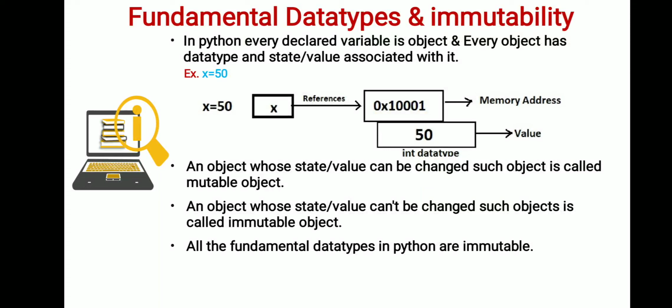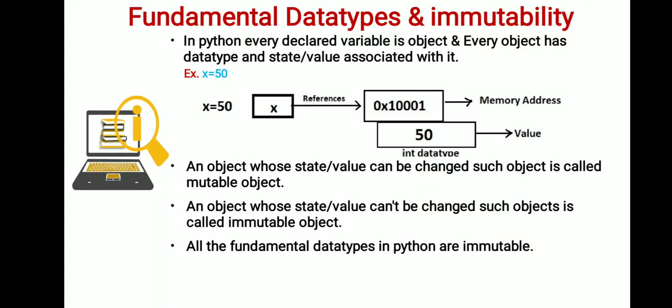So x is referencing the memory address 0x10001, and that address is holding the value 50, which is an integer type of value. Now we can see that the data type of object x is an integer and the state or value of object x is 50.